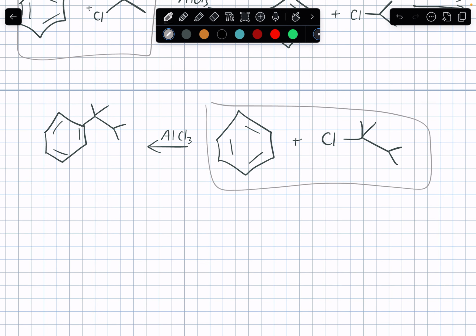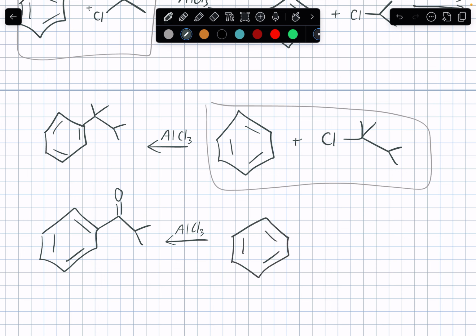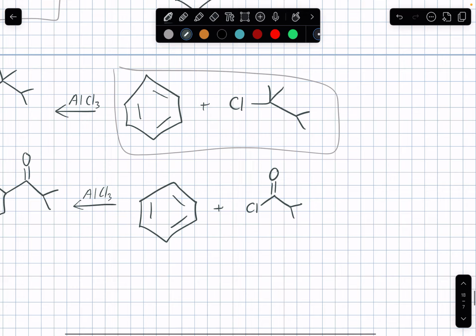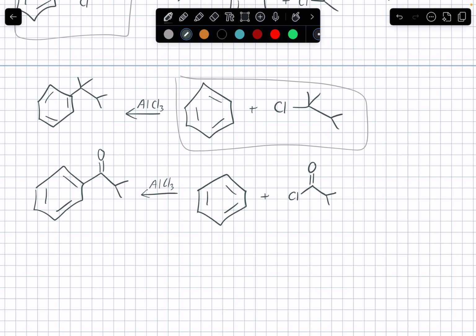That's correct. Next. This one is an acyl group. Yeah, it is an acyl group. So this one's definitely a FC acylation. This one is basically just FC alkylation.